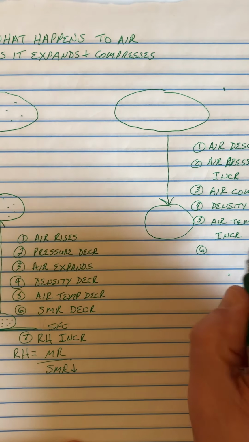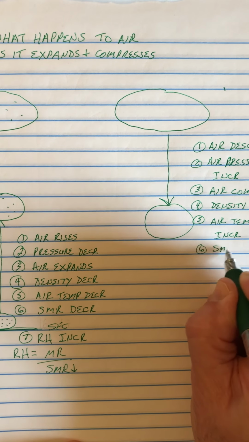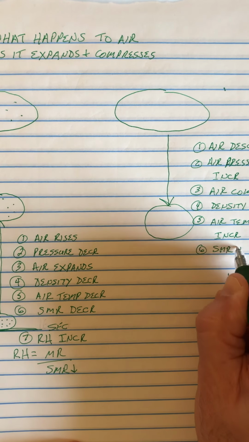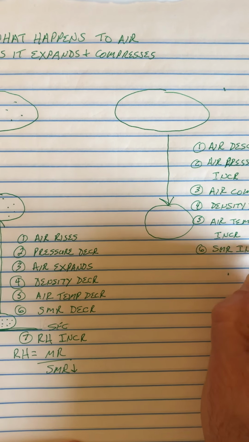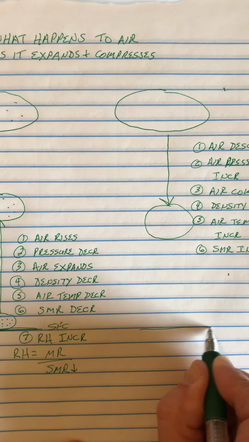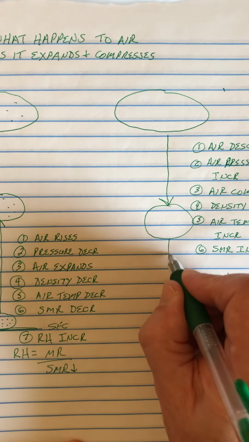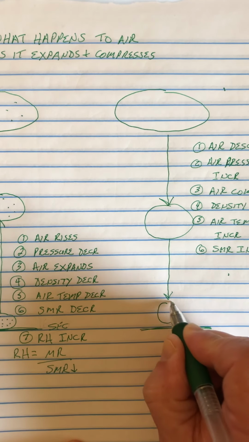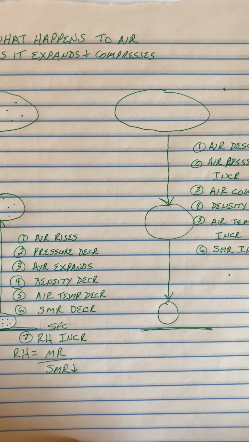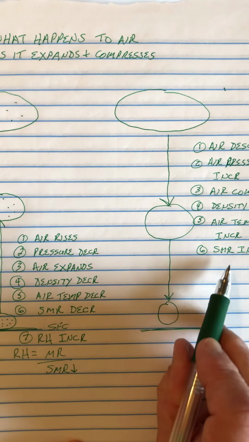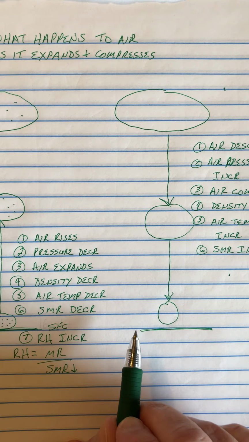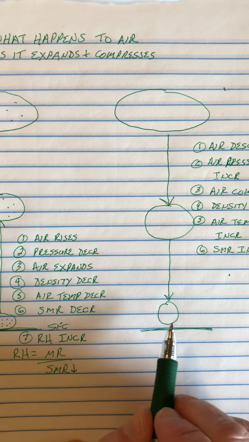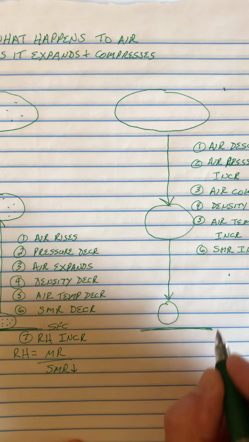So if the air temperature is increasing, the saturation mixing ratio is going to be increasing. Now we can draw our surface down here and continue to bring that parcel down to the surface, again smaller.